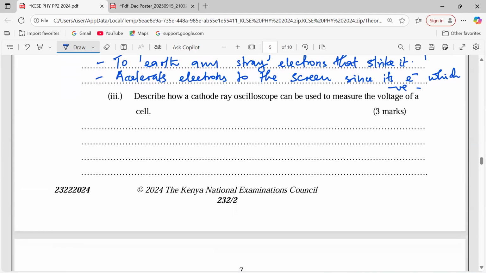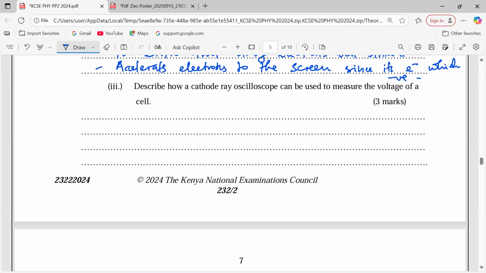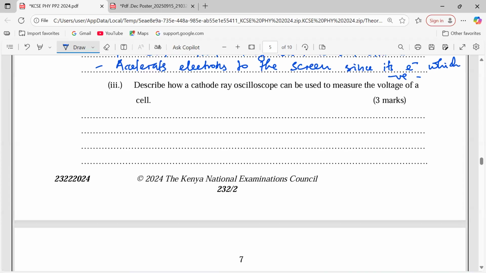Look at part 3. Describe how a cathode ray oscilloscope can be used to measure voltage of a cell. This is one of the main uses of the CRO. So to explain this, the first thing, we connect the cell across the Y plates, which are also called the vertical deflection plates.